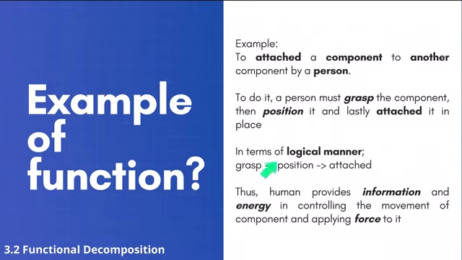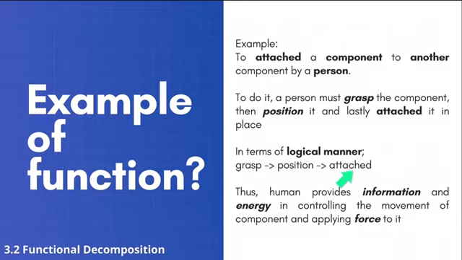Thus the human provides information and energy, controlling the movement of the component and applying force to it. During the grasp, the human provides information on where the hand is acting towards the component. Then position means the human gives information on where the hand goes to the component and then provides energy to hold that component.